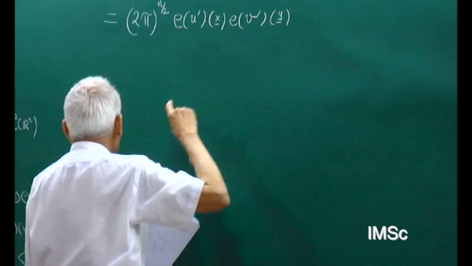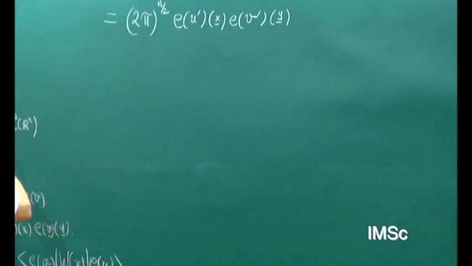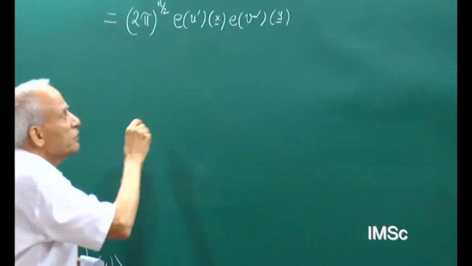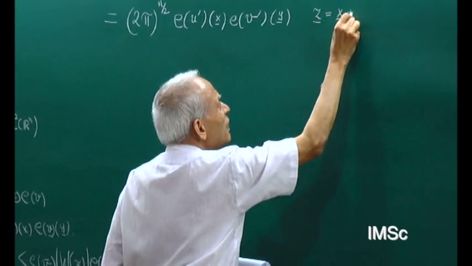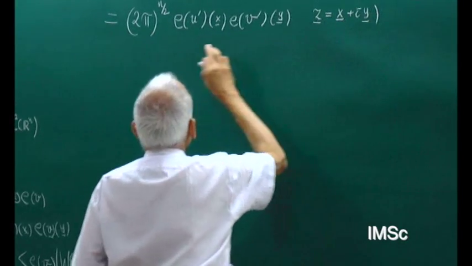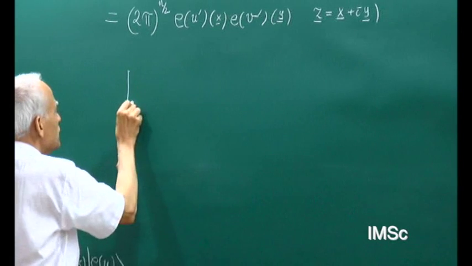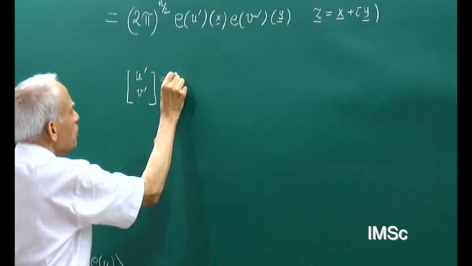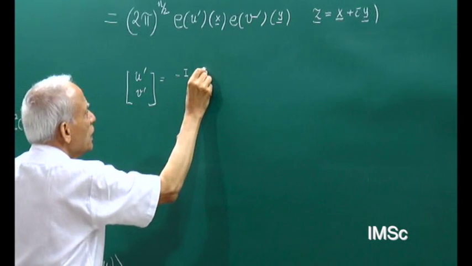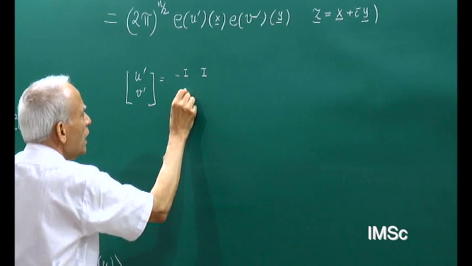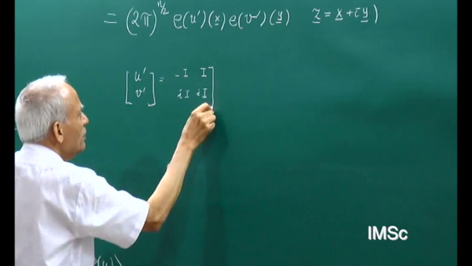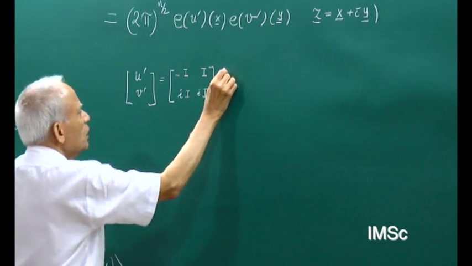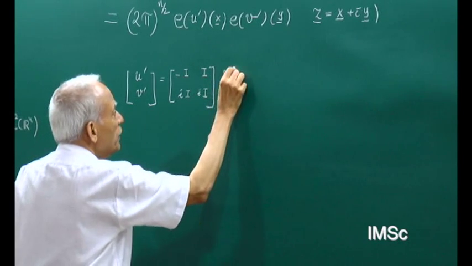It is a function of two variables, because now it is an element of this, where z is equal to x plus iy. And the interesting thing is that u' and v' turn out to be minus of the identity, where the identity is of order n, applied to uv.